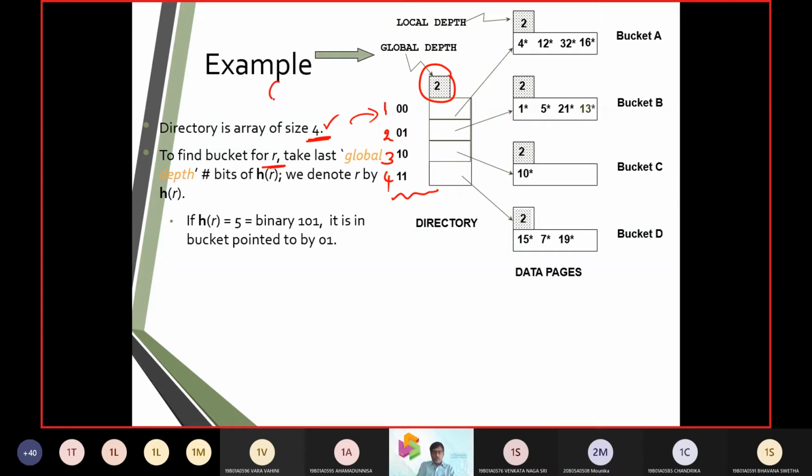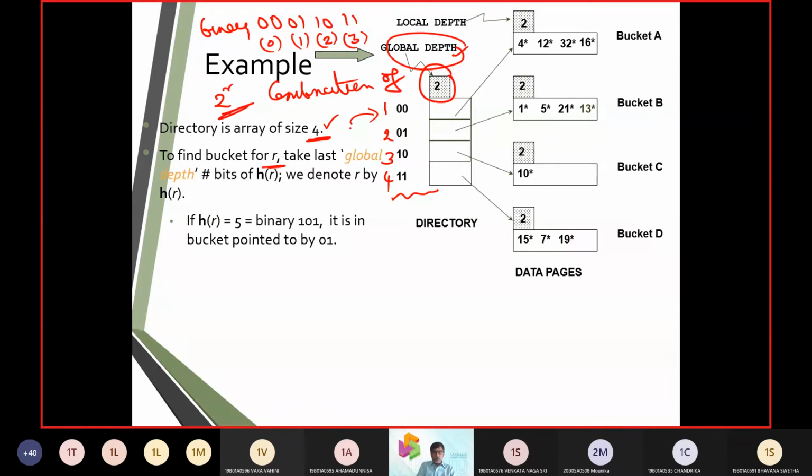Then it is a combination of binary: 0 0, 0 1, 1 0, 1 1. 0 0 stands for 0, 0 1 stands for 1, 1 0 stands for 2, 1 1 stands for 3. So altogether, we define the global depth as 2, so we get the 2 square concept. Now the array size we are going to give as 4.